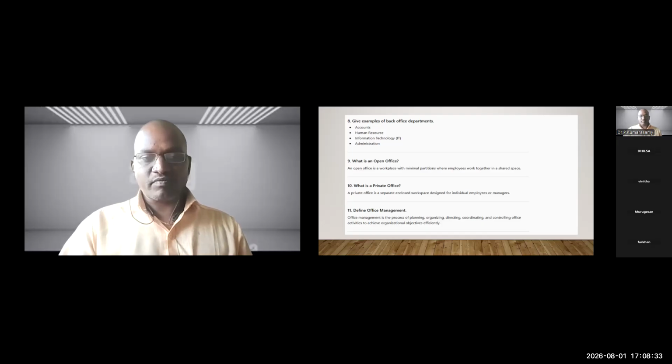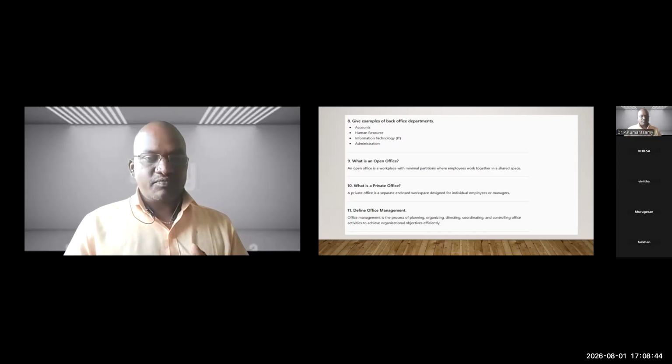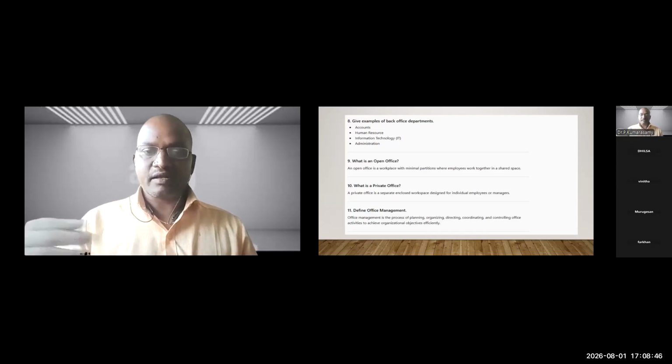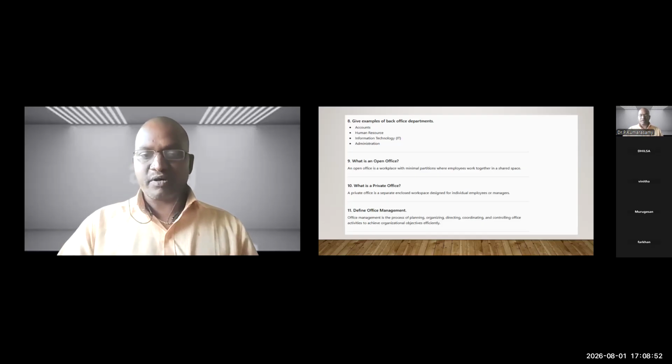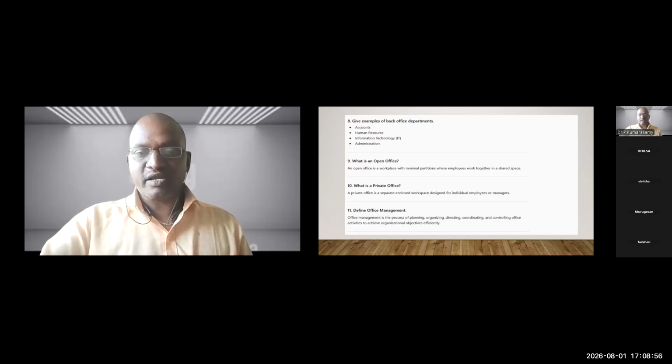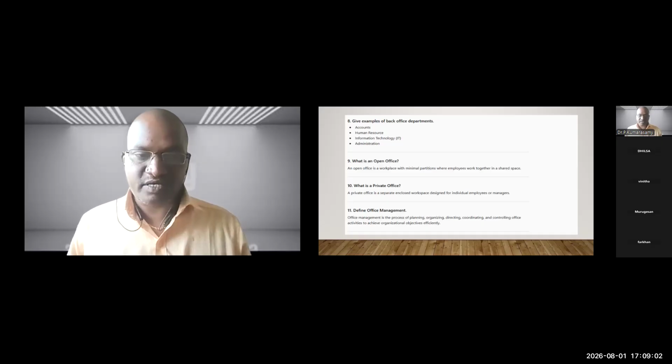The cubicle partitions are only about this much height. If they stand, they can contact employees of another department because it is only one hall. If you stand, you can communicate with other staff members nearby, opposite, or beside you. So that is an open office.